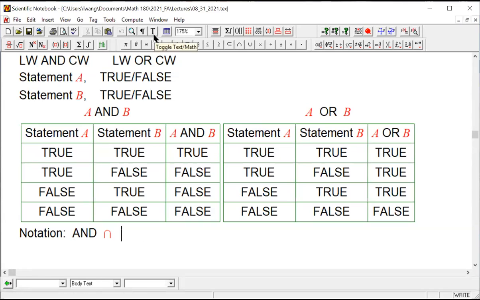And or, we use the union. So you're going to see these symbols. It doesn't matter to me whether you use the symbol or the word. You can use either way of your choice. But you want to make sure you understand the meaning, which is essential. This is the truth table. So we have laid the foundation.